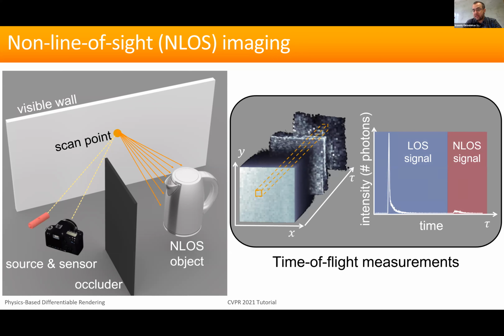Now, the fact that this problem is typically tackled using time-of-flight measurements means that if we want to approach this problem from an inverse rendering and differentiable rendering procedure, we need to use differentiable renderers that can actually process time-of-flight measurements. And as I mentioned earlier, ray tracing-based techniques and ray tracing-based differentiable rendering techniques can naturally take care of time-of-flight measurements.